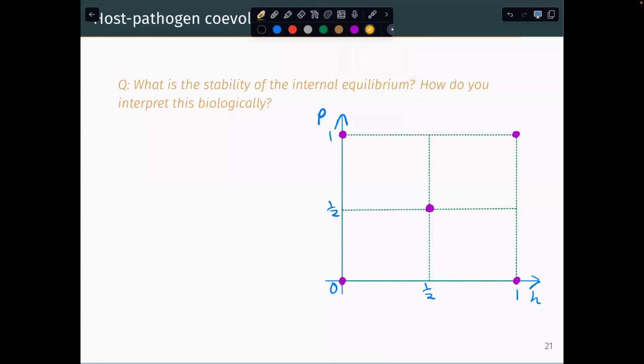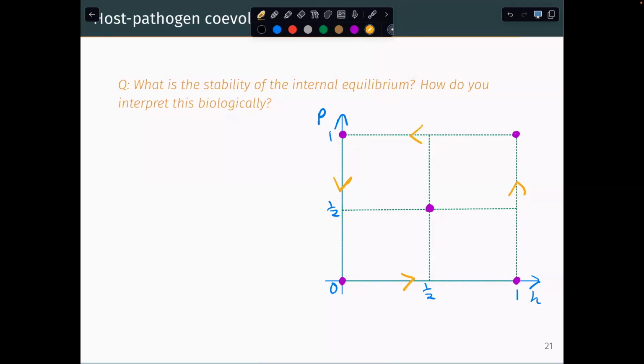Okay, so you can work out the direction field. I'm not going to do this just because time is limited. If you work out the direction field on each of your null lines, you'll end up with an arrow going down here, one going right here, one going up here, one going left here. This should make some sense.